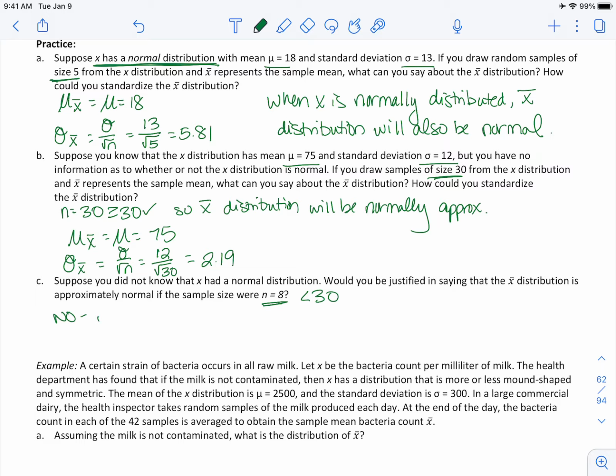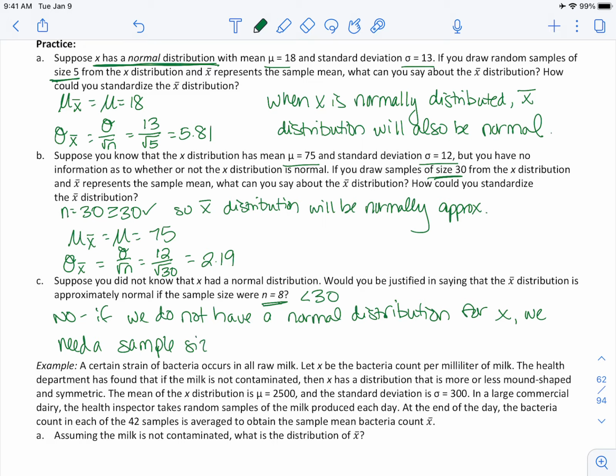So no, if we do not have a normal distribution for x, we need a sample size of n greater than or equal to 30 to approximate normality for the x bar distribution.